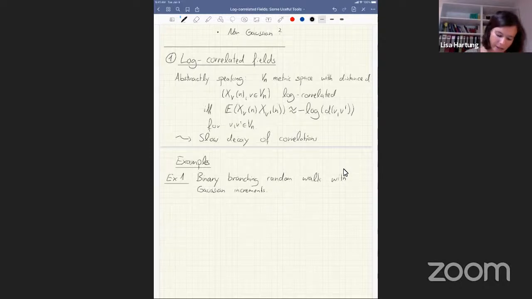So we just take a binary tree, and we do this with n generations. So we have 2 to the n leaves.